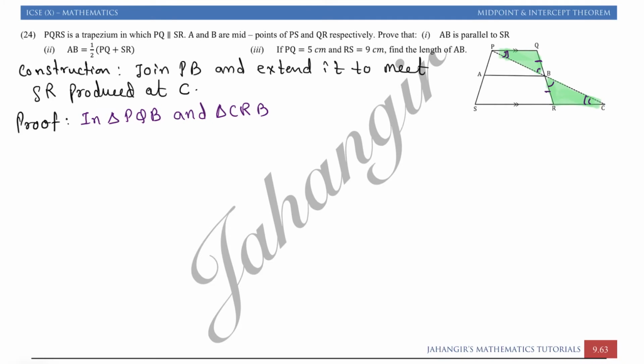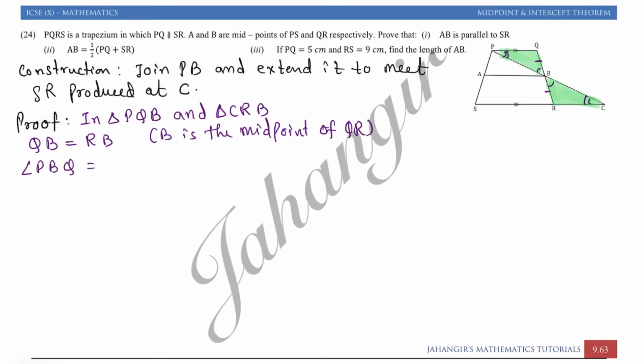So I can first write QB is equal to RB or BR. Reason is B is the midpoint of QR. Second I can take angle PBQ is equal to angle RBC, vertically opposite angle.